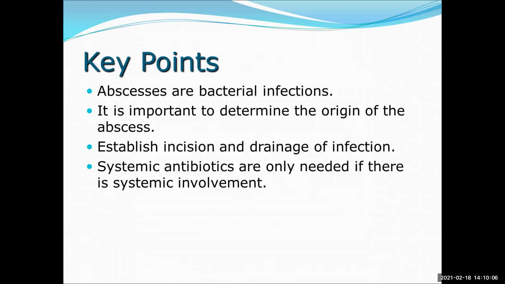So abscesses are bacterial infections. It's important to determine the origin of the abscess. Something caught in there? Is it residual calculus? Is it bacteria? We want to establish incision and drainage of the infection or removal of whatever it is that's causing that gingival abscess. Systemic antibiotics are only needed if there's systemic involvement. Is there lymphadenopathy? Is there fever involved?